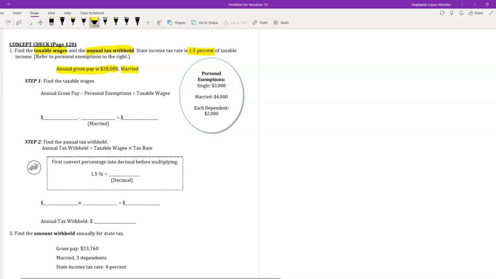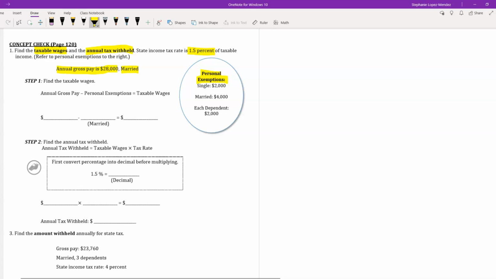So we are going to be using the circle right here where it says personal exemptions. This will help us to know the amount of exemptions that a person can get depending on if they're single, married, or if they have any other dependent.